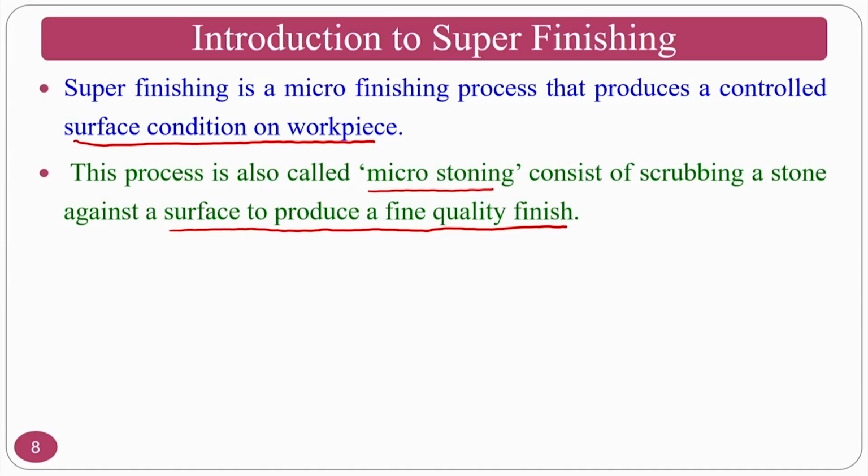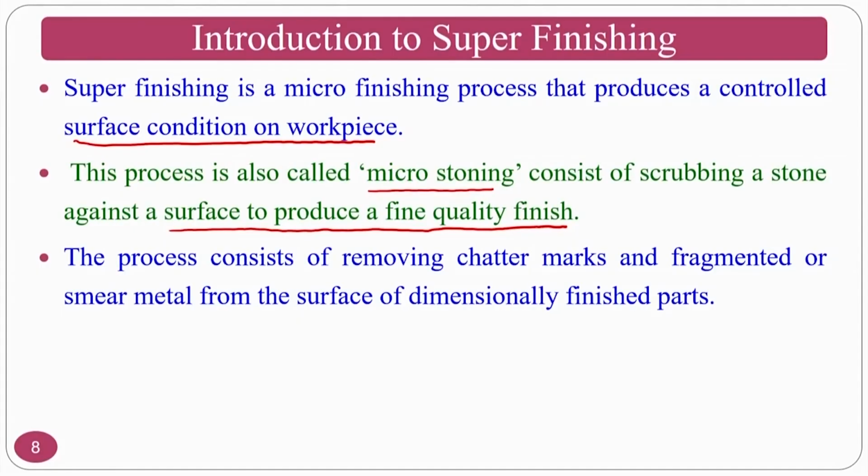As this sentence says, you have a stone-like structure reciprocating with a lower amplitude and high frequency. The process consists of removing chatter marks, normally chatter marks in milling and in the turning process on a lathe, and fragmented or smeared material from the surface of a dimensionally finished product.